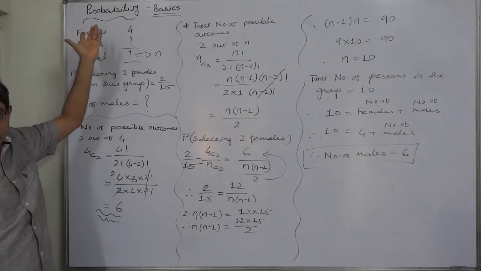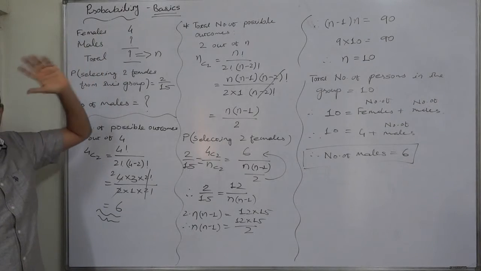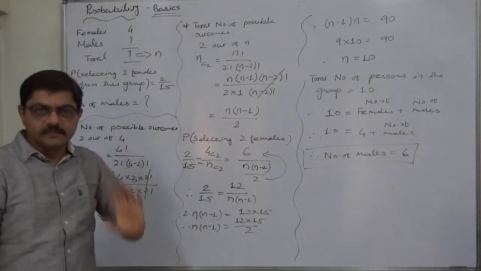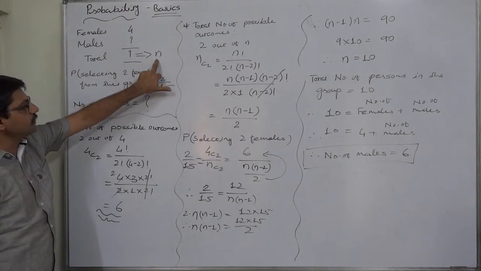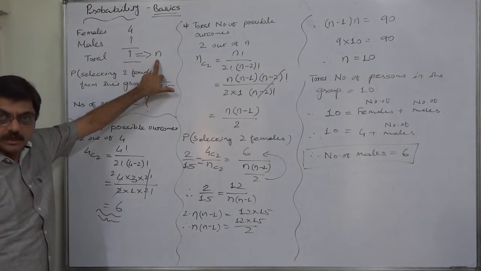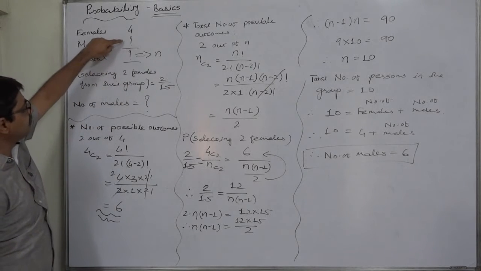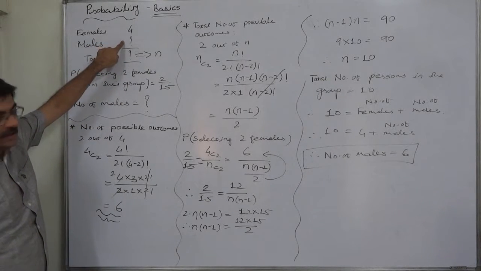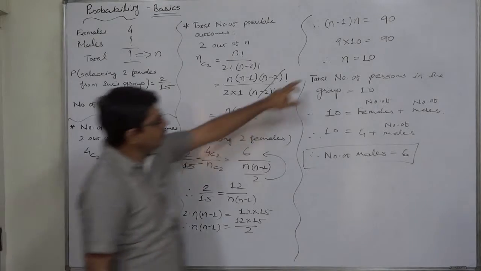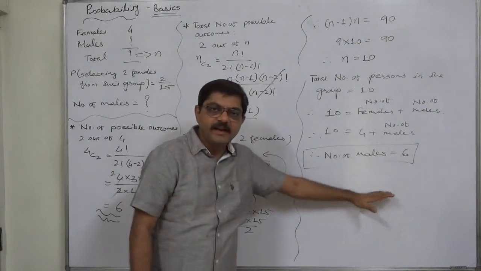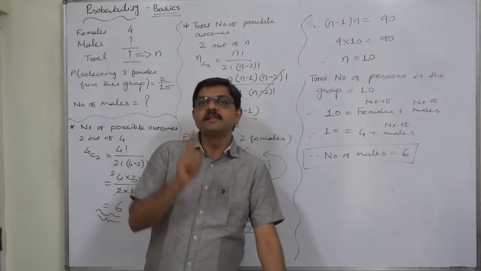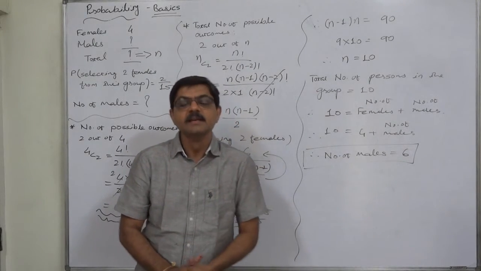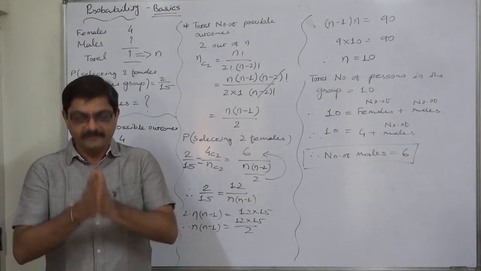It can be asked as a number of balls or flowers or cards, whatever object the examiner has taken. Always first assume the total number, not a particular segment. Find the total number first and then find the answer to the main question. Please always follow this pattern of solving such problems. That's it. Thank you very much.